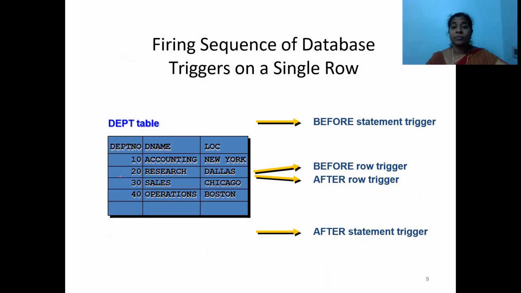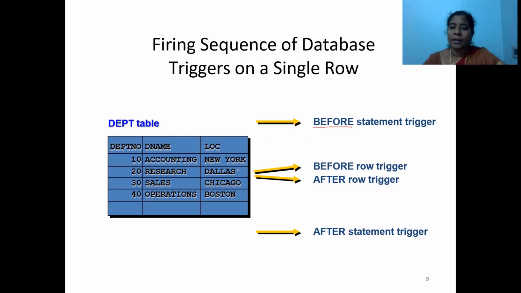And the firing sequence of database triggers on a single row. Here we have a table called department table, and you have to mention when this trigger has to be initiated. So you have to mention before statement trigger or after statement trigger. If it is a before statement trigger, it will be triggered before that particular event.